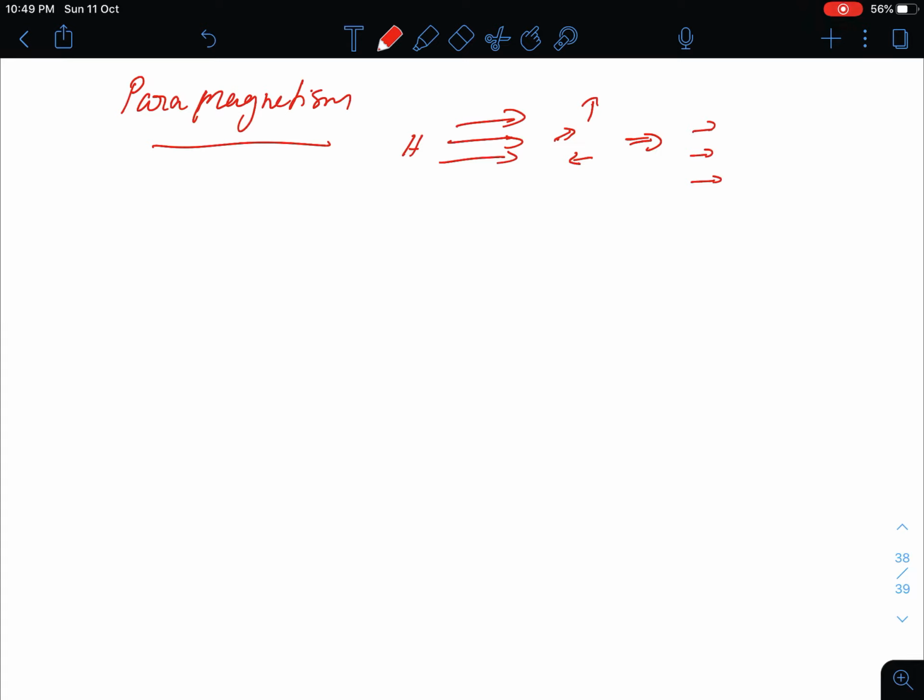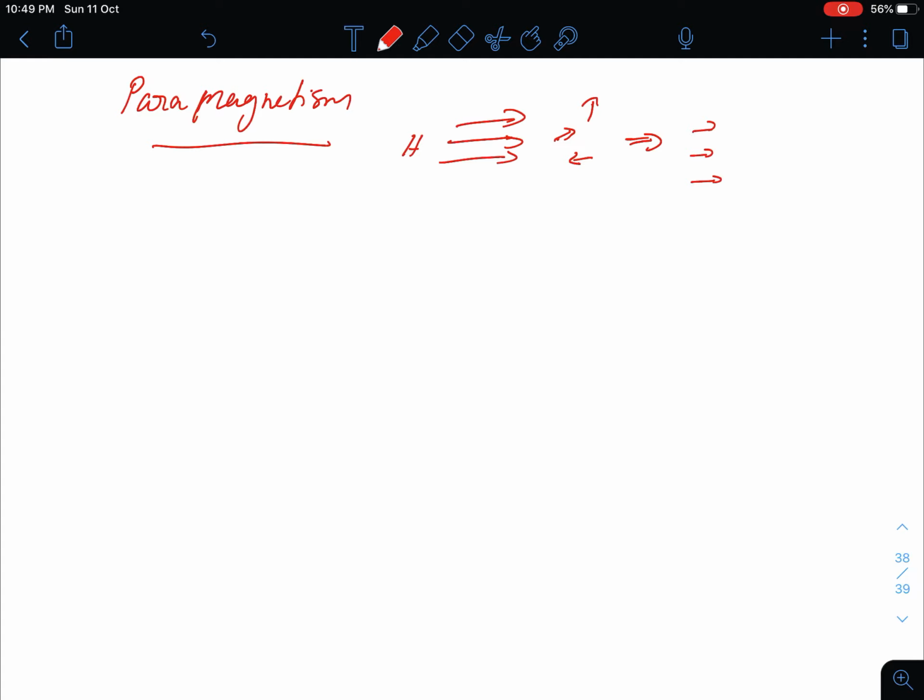But there is a trouble here. The trouble is that when there is some temperature, suppose you have a temperature T, then there would be kind of thermal agitations. This thermal agitation would resist the complete magnetization of the material.